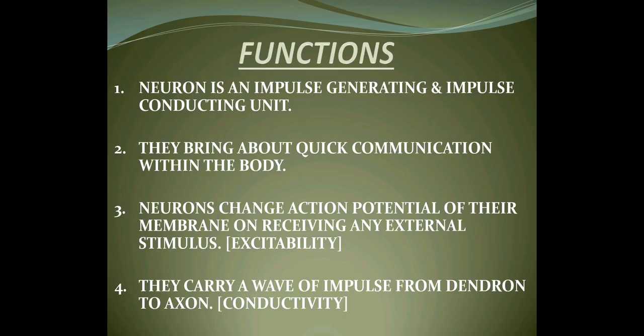And this property of neuron is called excitability. And lastly, they also carry a wave of electrical impulse from dendron to axon. This is called conductivity. So they are giving quick responses, they generate a conducting impulse, and they give us the property of excitability as well as conductivity.